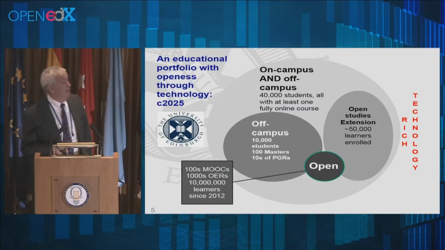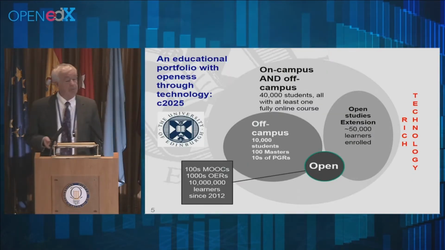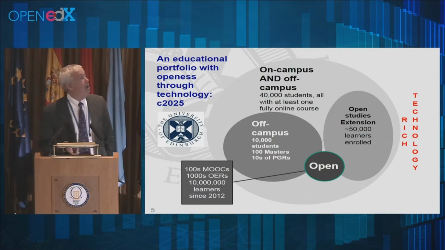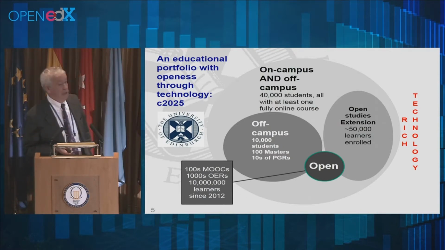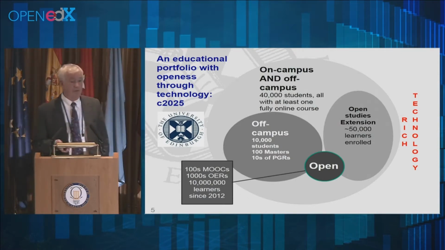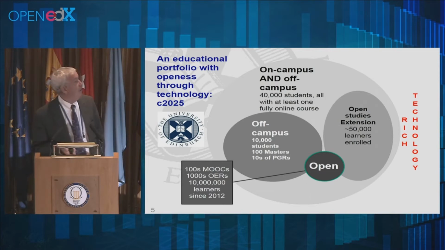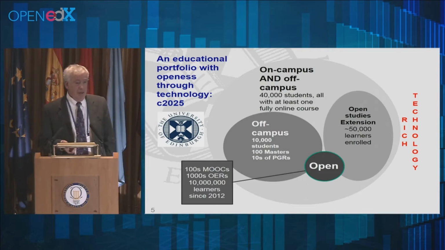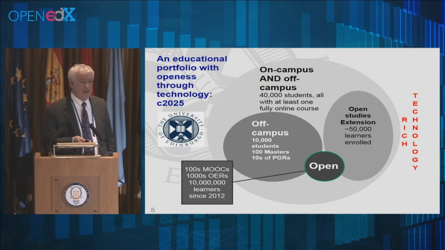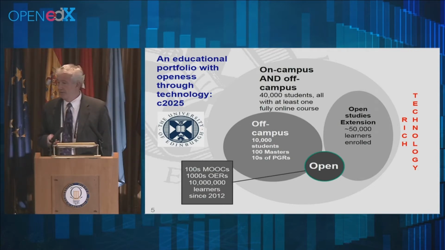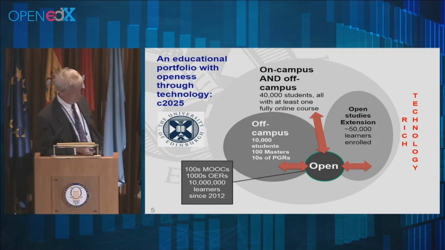I will certainly have 10,000 students studying at a postgraduate level online remotely from the university. We'll certainly be in the hundreds of MOOCs. We have tremendous enthusiasm, and our open studies, that is the for-interest stuff we do, will be dominated. This is not wild predictions. You just plot the graphs of where we are at the moment, and you can see that the University of Edinburgh will comfortably be in that position.